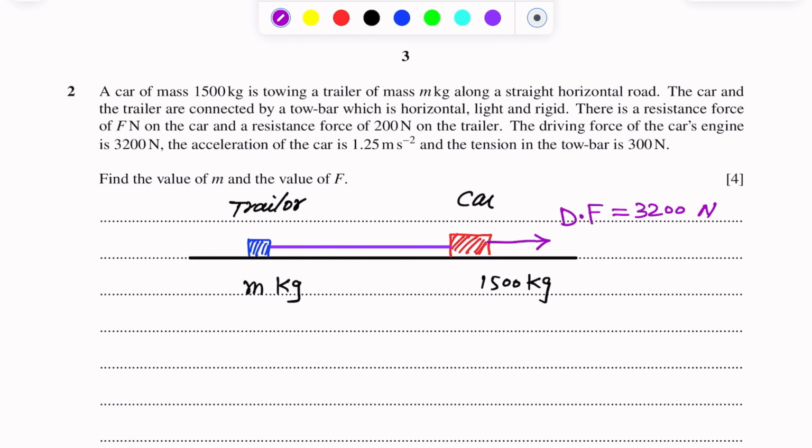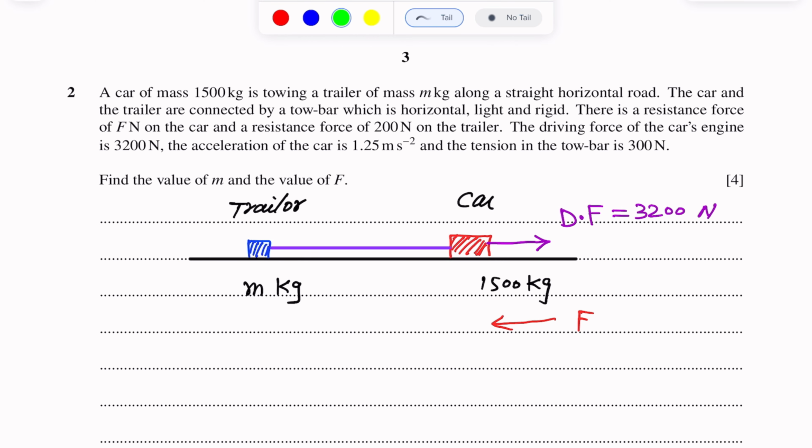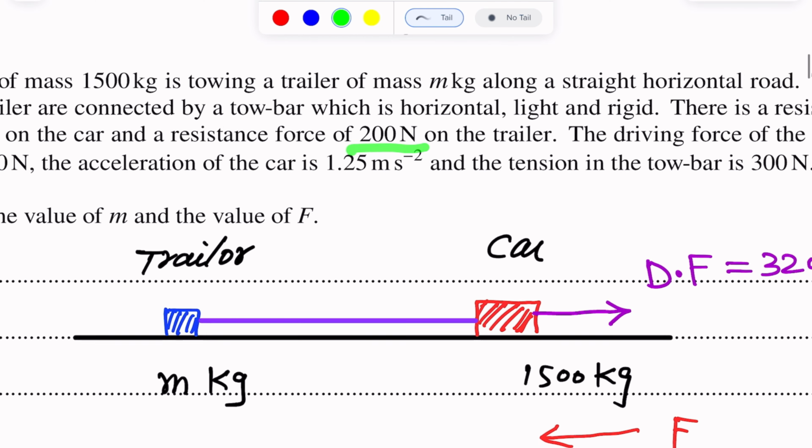And the resistance force acting on the car is represented by capital F, acting opposite to the direction of motion. In the same way, the resistance force acting on the trailer is 200 Newton.